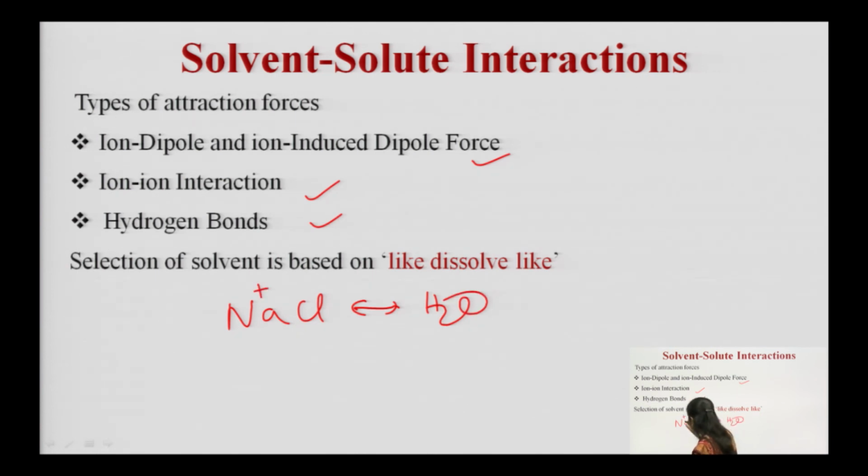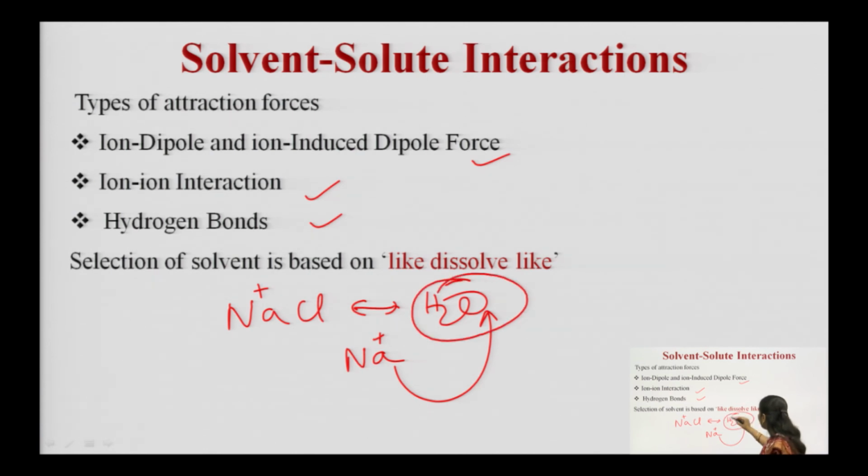Then the cation, that is Na plus ions, is attracted towards the negative part, that is towards the oxygen of water, and the chloride, which is the anion or the negatively charged ion, is attracted towards the positive hydrogen of water. So we can see here this sodium ion will get solvated by the water molecules.